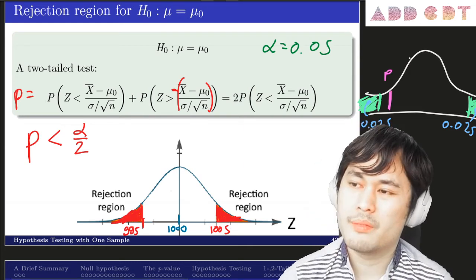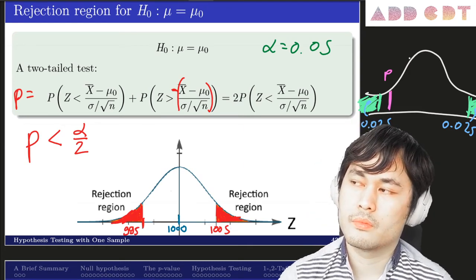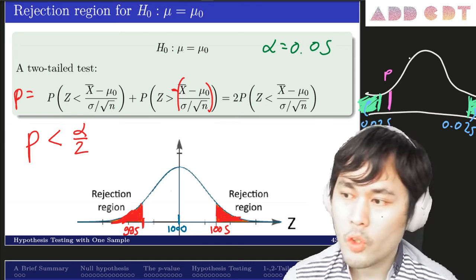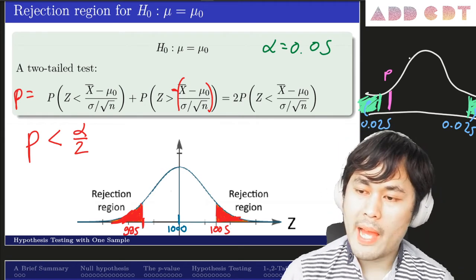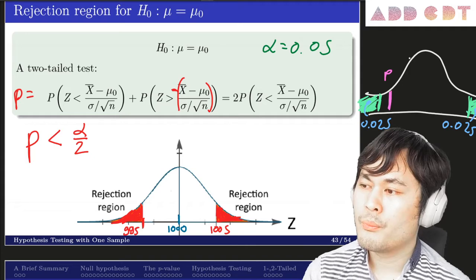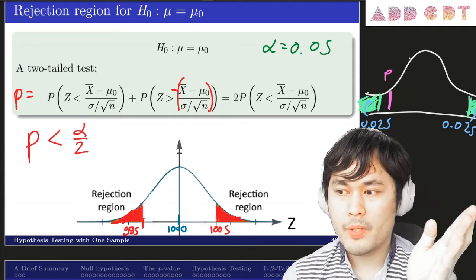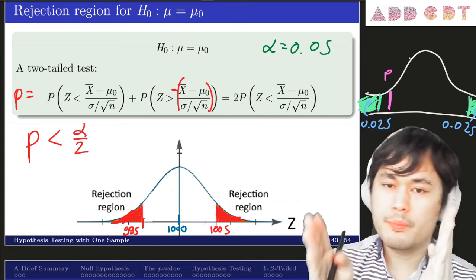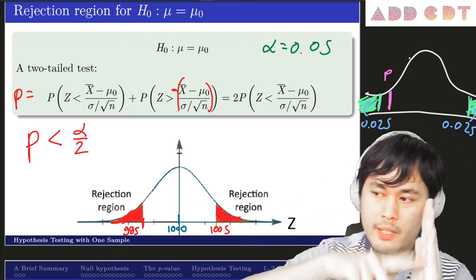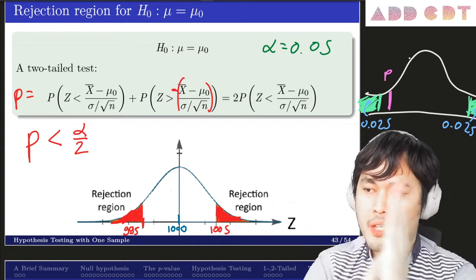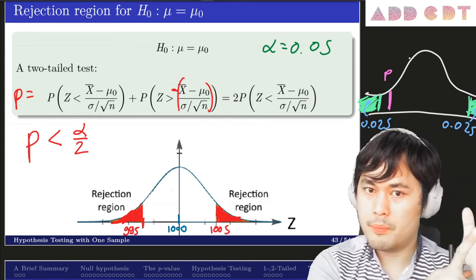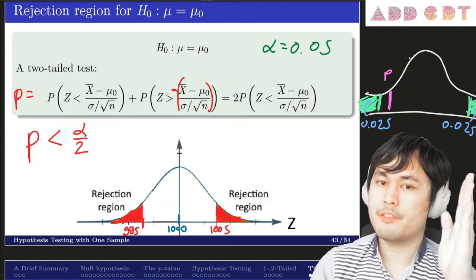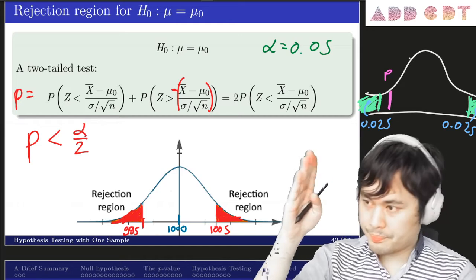Did you get this right? Yeah. You compare that value to alpha over 2. If it's to the left, we want P to be above that threshold or that gate, and that gate is not 0.05. That gate is pushed to the left to 0.025.